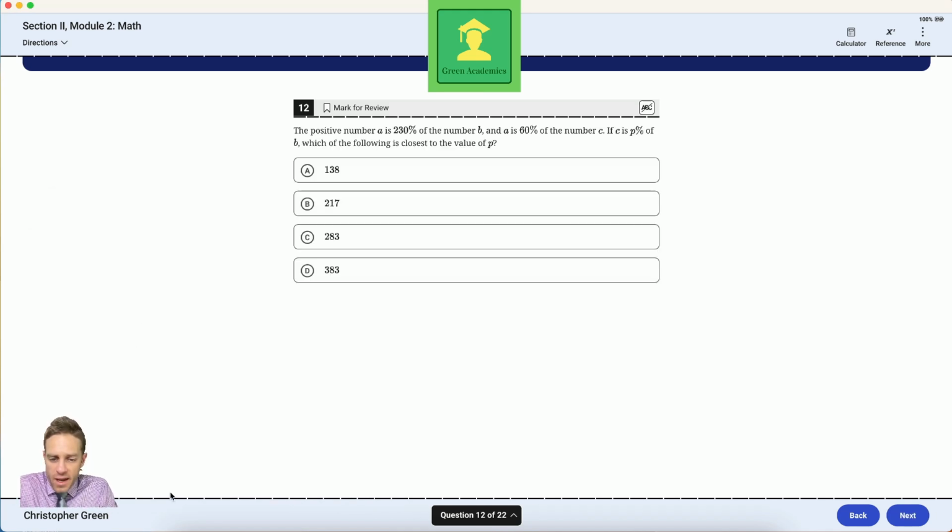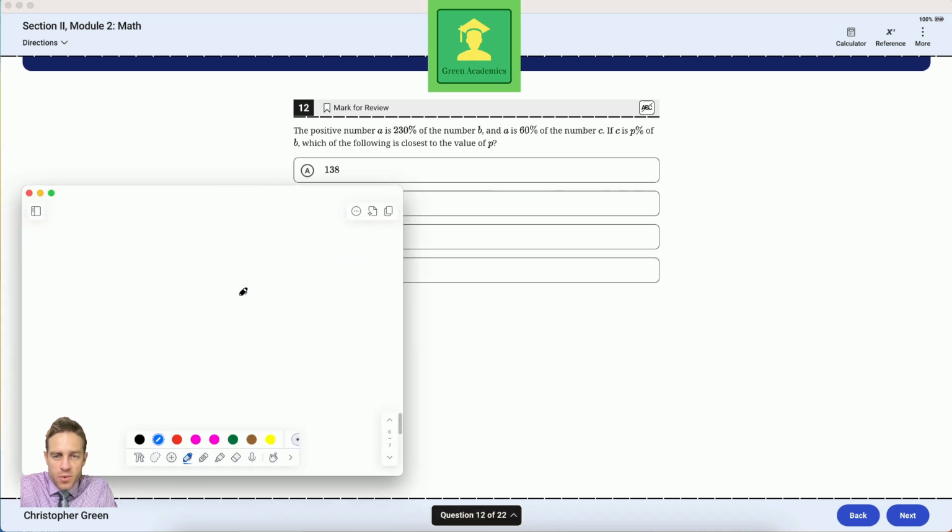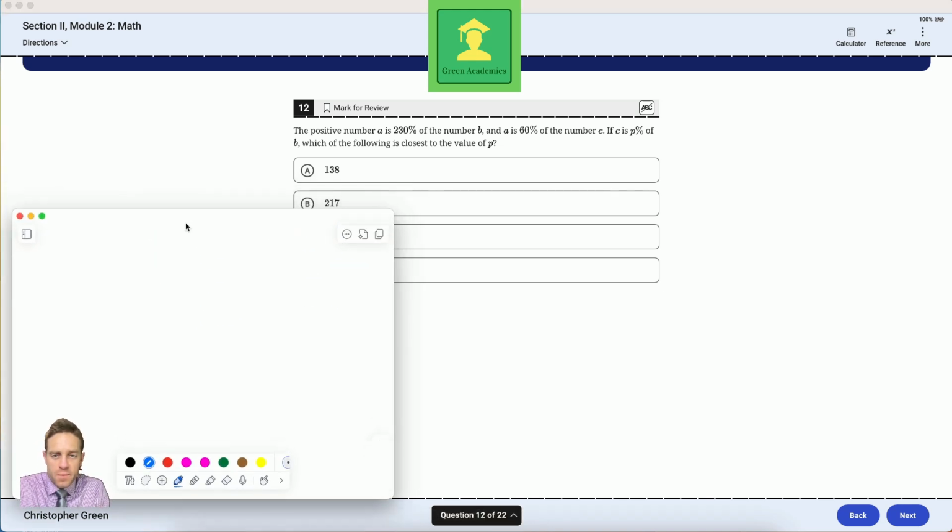The positive number a is 230% of the number b, as in a equals 2.3b. And a is 60% of the number c, so a is 0.6c. If c is p% of b, so you solve this by the transitive property. If a is this and a is this, then this is this.